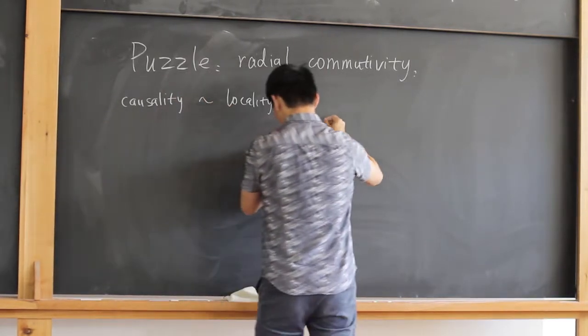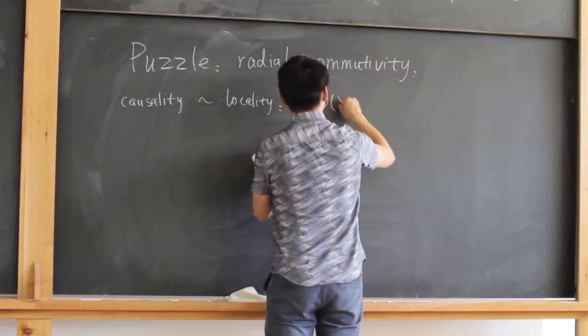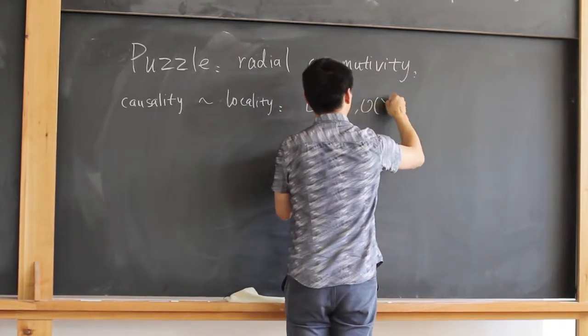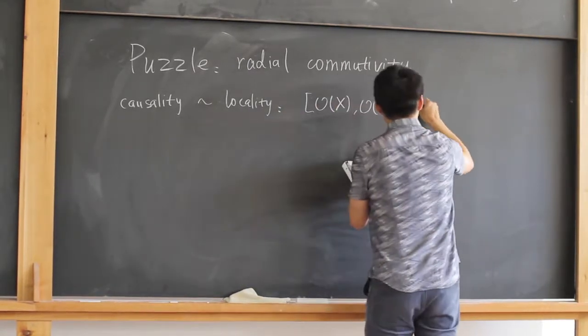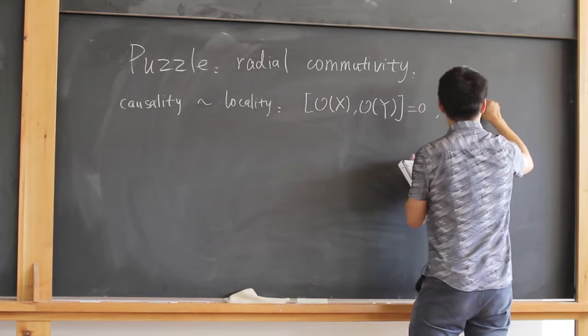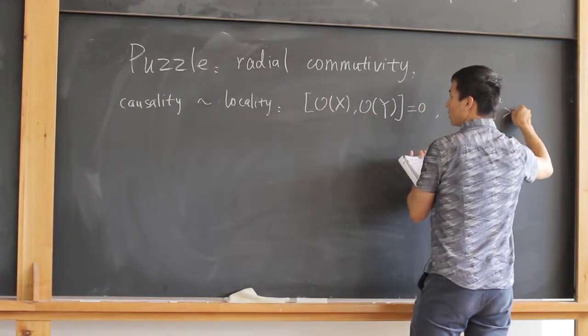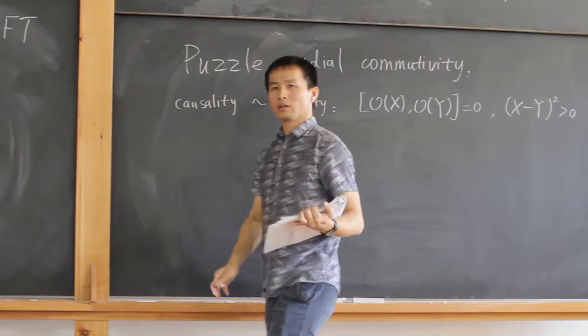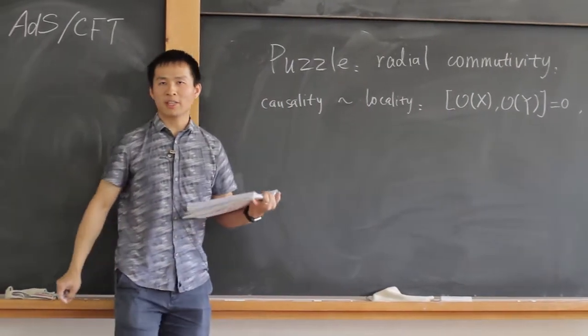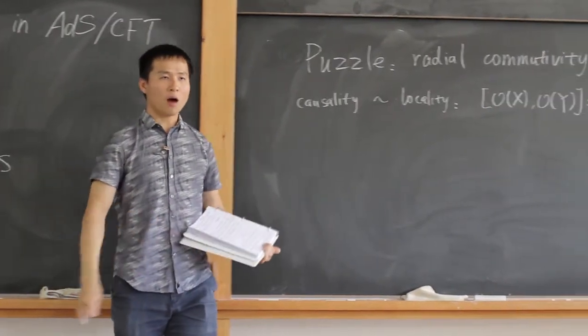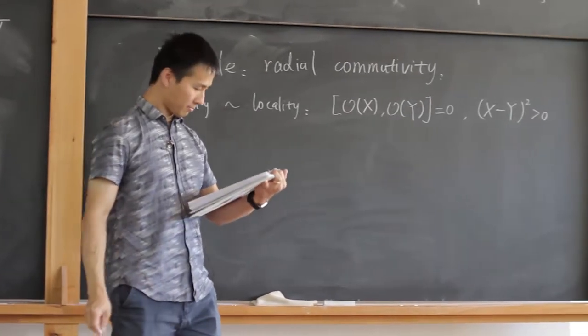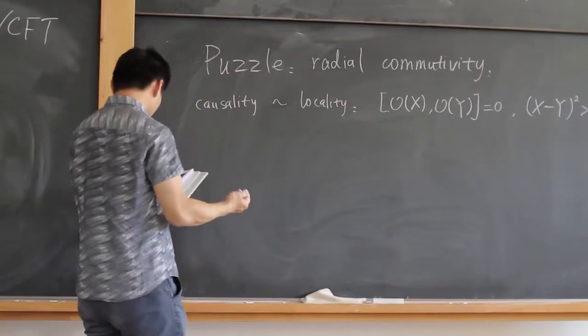Which is the statement that if we take any two operators, as long as they're space-like separated, then they commute. So this is a fundamental statement about the structure of operators in a quantum field theory.